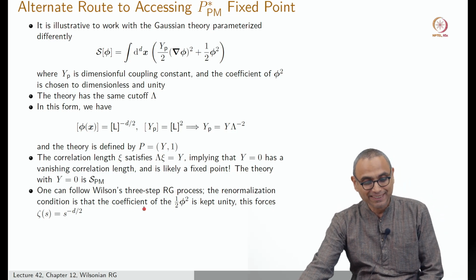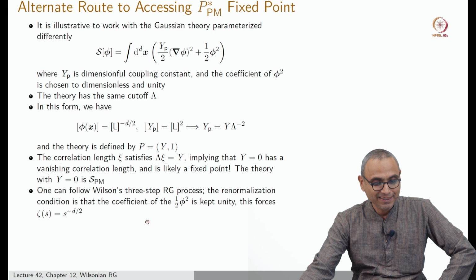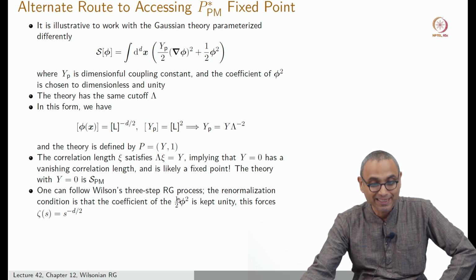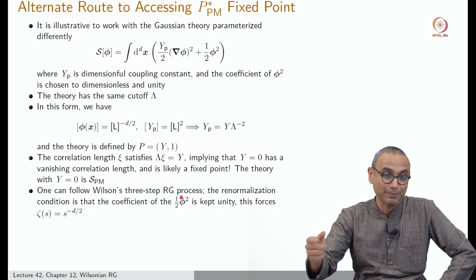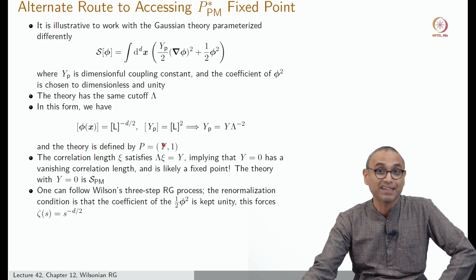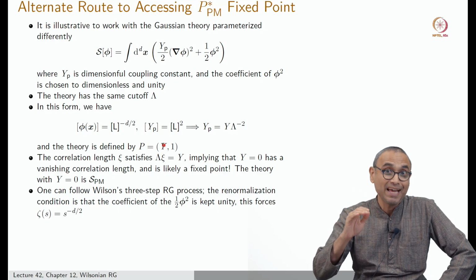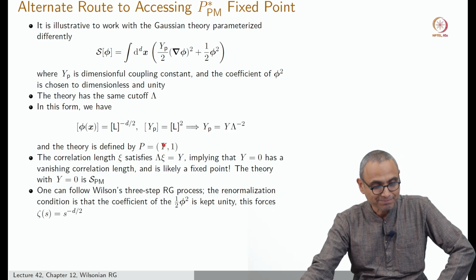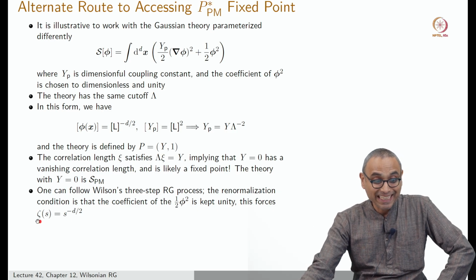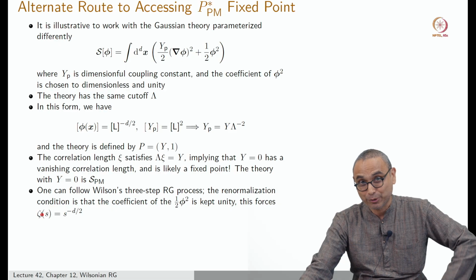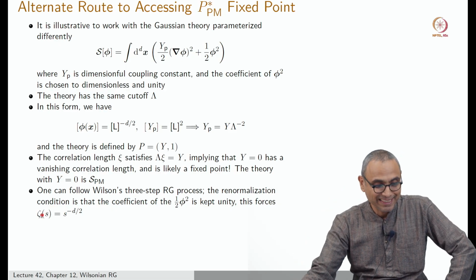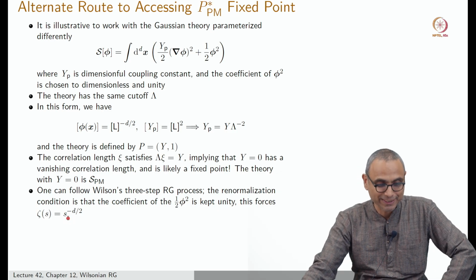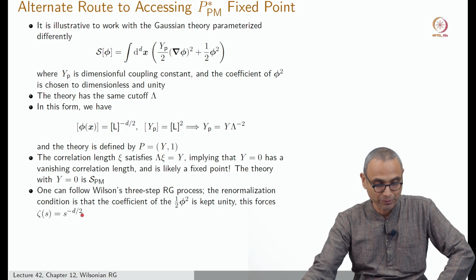So if you follow the 3-step RG process and demand that the coefficient of the half phi square term, this 1, is kept unchanged under the RG transformation, so that when y, the dimensionless coupling constant y, is 0, I get the fixed point as the paramagnetic fixed point. And now you will find the zeta of S, the renormalization factor that you need to define the new fields, will be different from what you had in the other way of parameterizing the theory, and you will see that this will go as S to the minus d by 2.